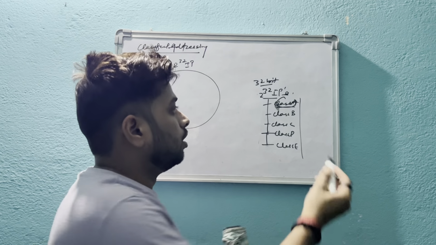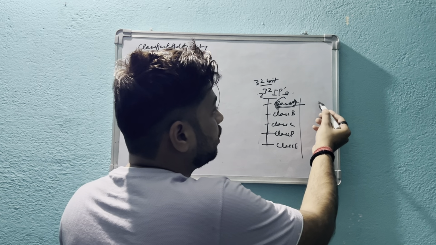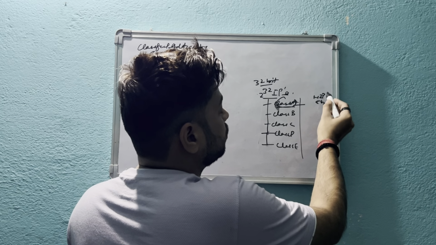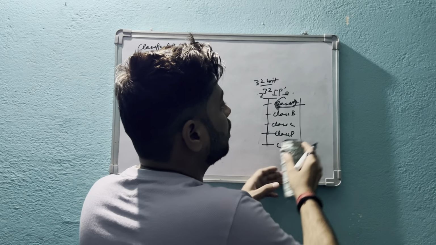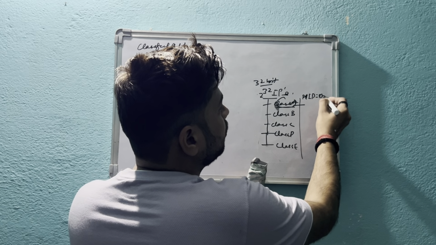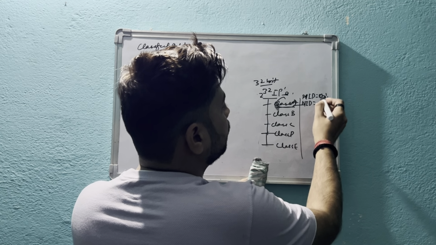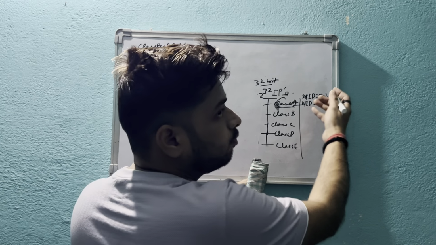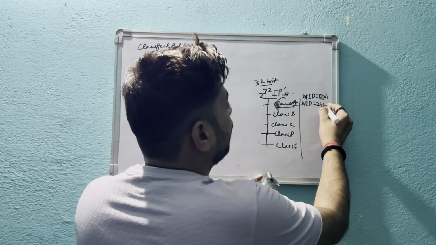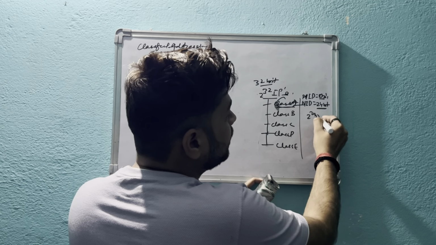For class A we have a network ID of 8 bits and a host ID of 3 more octets. So we have 24 bits of host ID. That means we have to keep 2 to the power 24 IPs in class A.